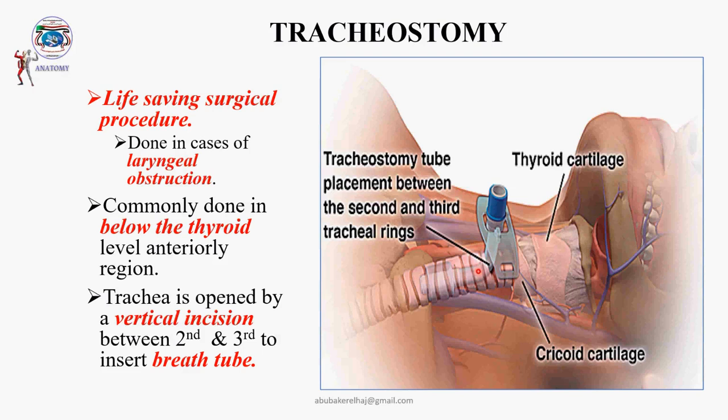The incision is made in the vertical direction to prevent the continuation of the arterial anastomosis in the area anteriorly, and between the second and third tracheal cartilage the tube is inserted.